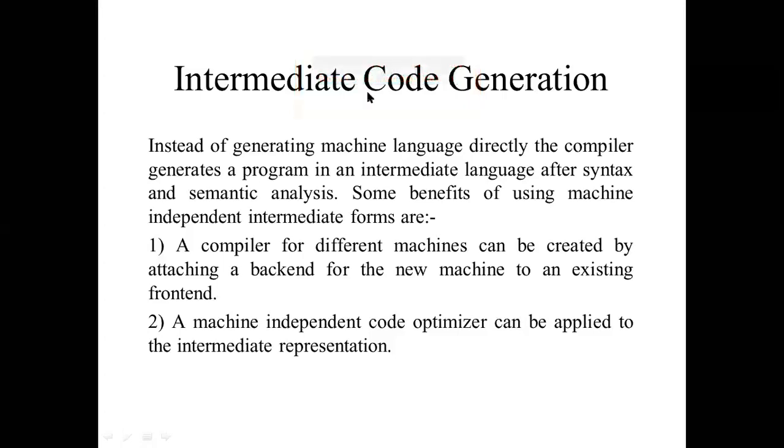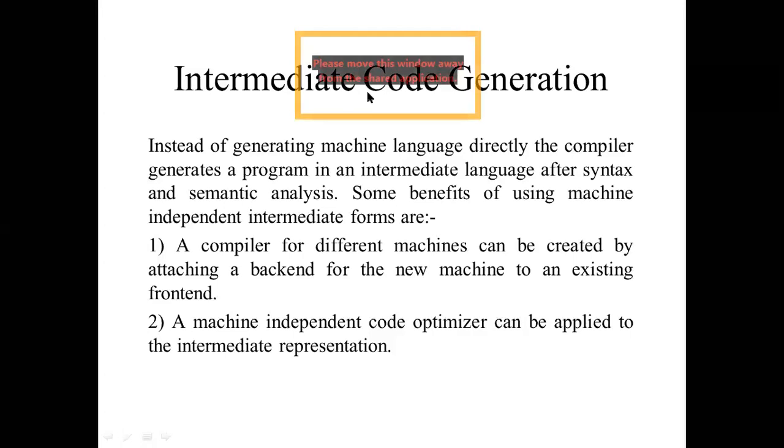So what is the role of the intermediate code optimizer? It optimizes a number of identifiers, temporary variables, and several loops which repeat again and again. Also, there are a number of redundant expressions while writing the program.